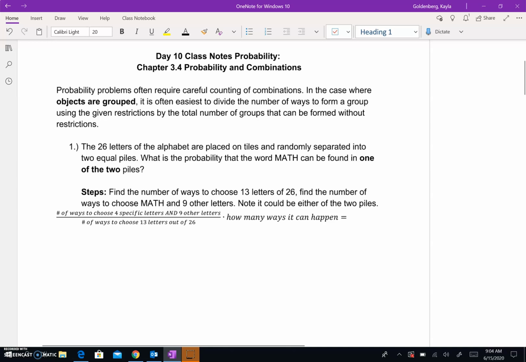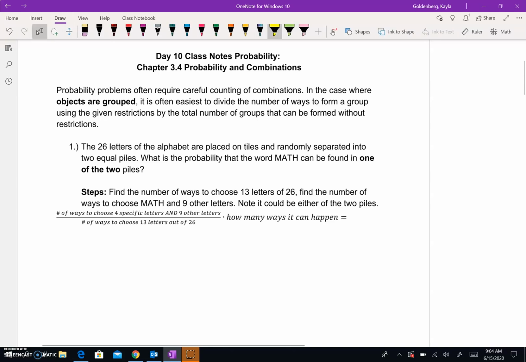In the case where objects are grouped, it is often easiest to divide the number of ways to form a group using the given restrictions by the total number of groups that can be formed without the restrictions.